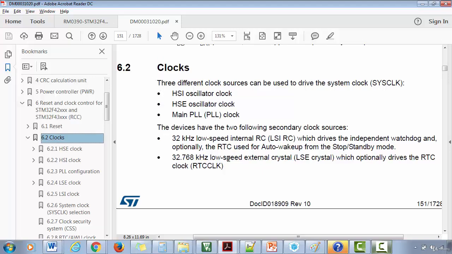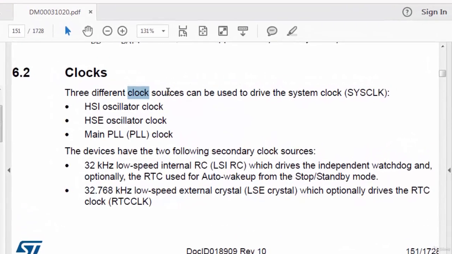Here it says that 3 different clock sources can be used to drive the system clock. I'll come to the system clock later, not to worry about that. What they are saying is, for this microcontroller, or any microcontroller, there are something called clock sources. The microcontroller needs a clock, and that clock will come from clock sources, and these are the 3 main clock sources for the microcontroller.